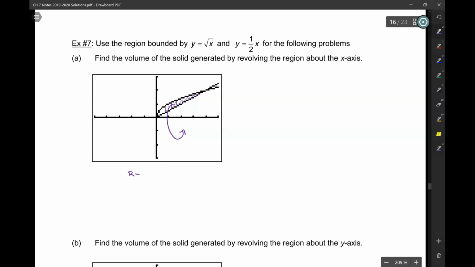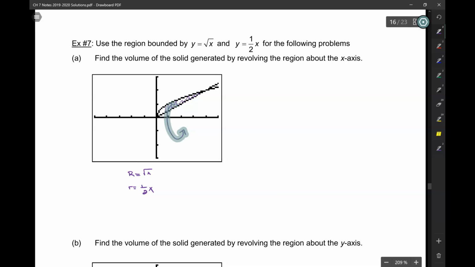Capital R is the upper one, root x. Lowercase r is the smaller one, half x, because they're gonna turn out to be circles. Is there a hole? Yeah, there's going to be a hole in the middle. It's going to be a washer.